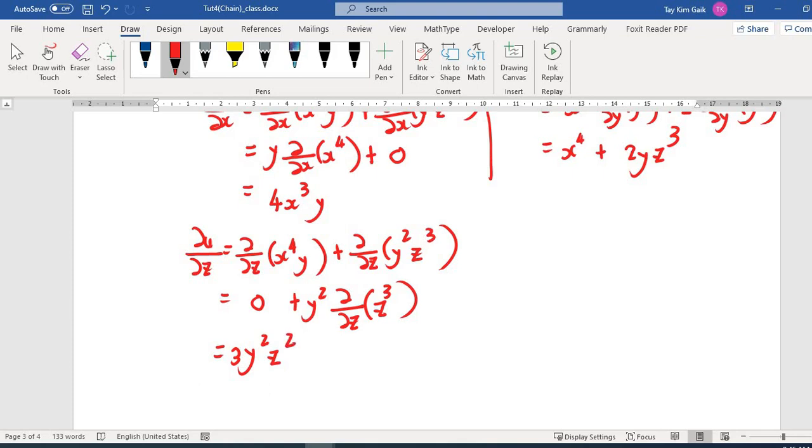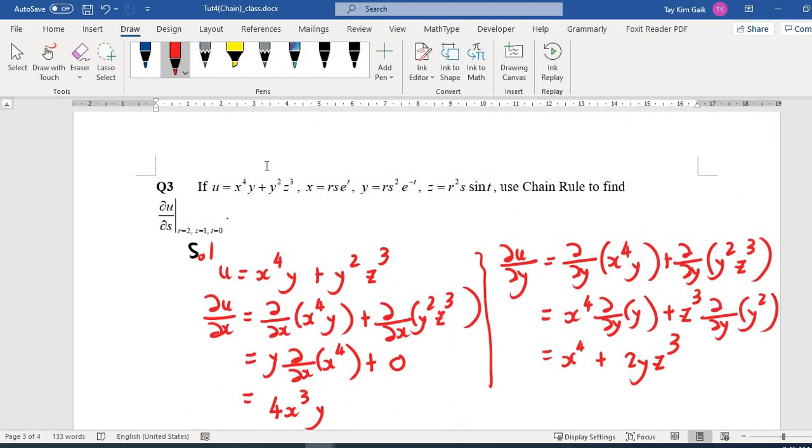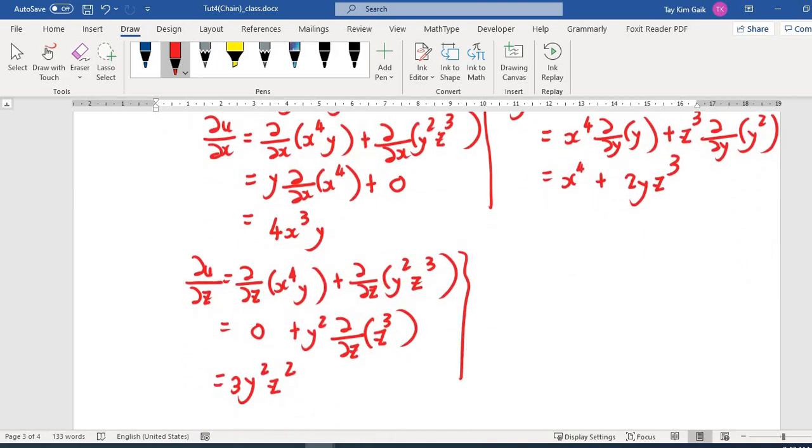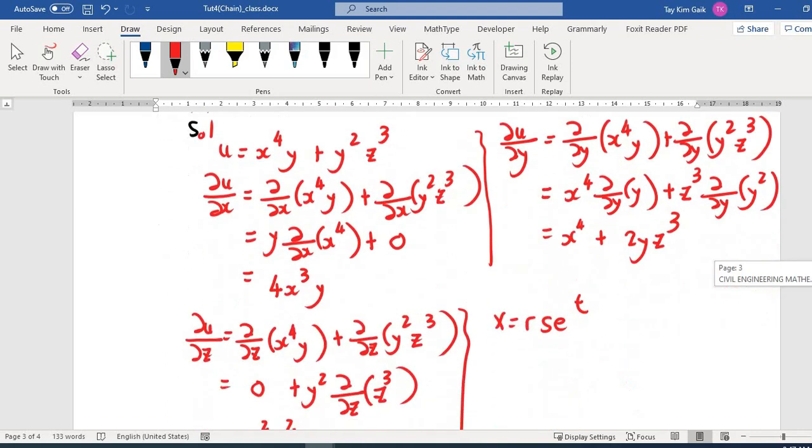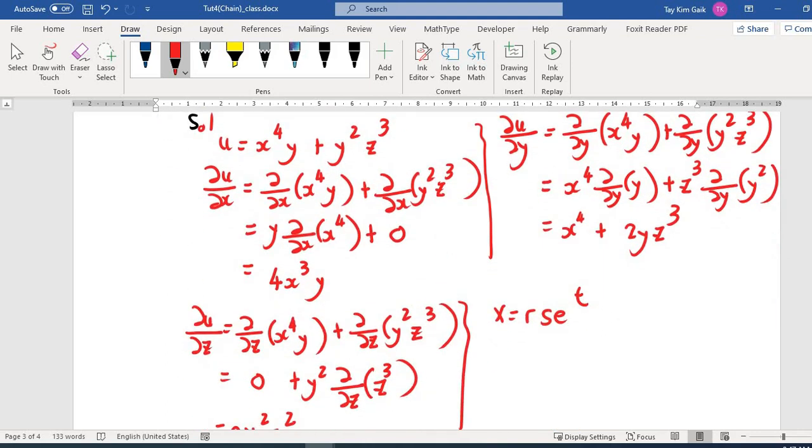Okay, and then you find for x. x is r s^t. What question one wants is ∂u/∂s, so here we apply ∂x/∂s.